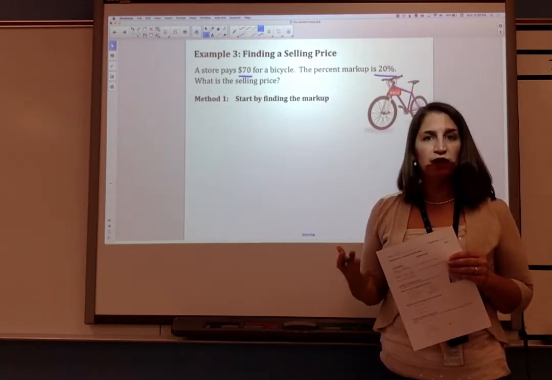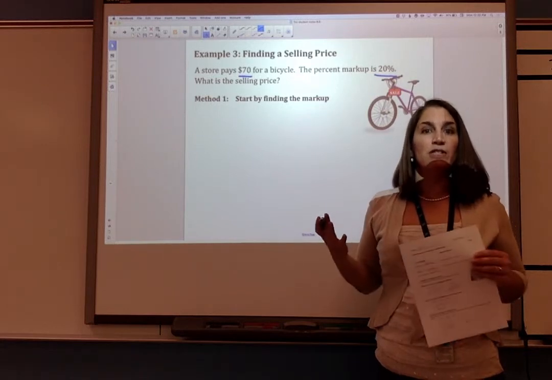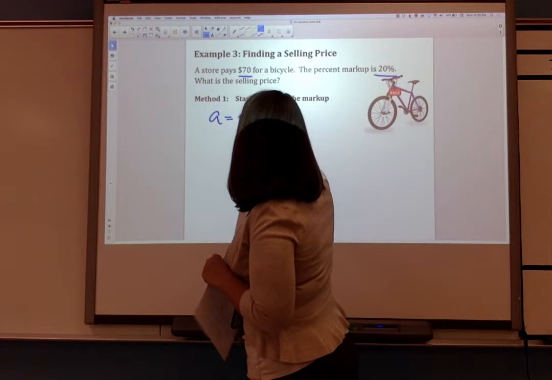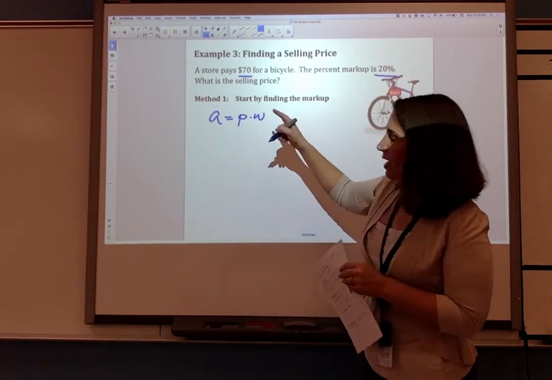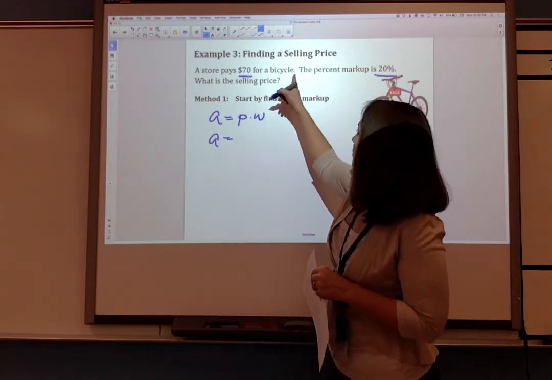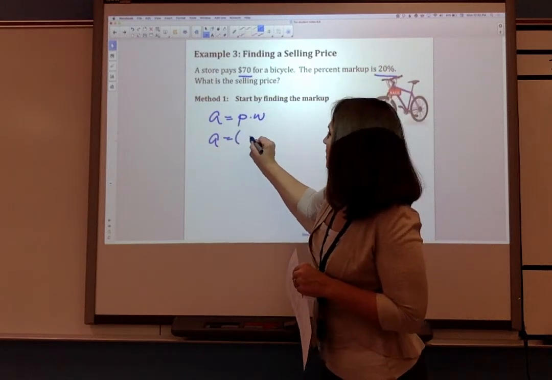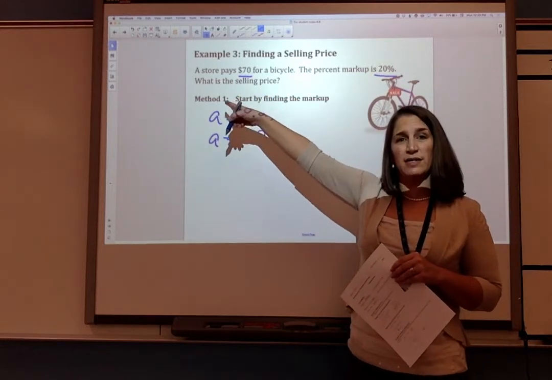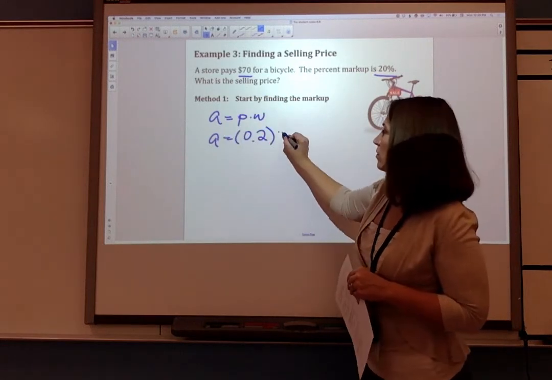The first method is to figure out how much it's marked up. So we're going to use our equation A equals P times W. And we know that the percent markup is 20%, so 0.2. And we know the original price was $70, so that's the whole.